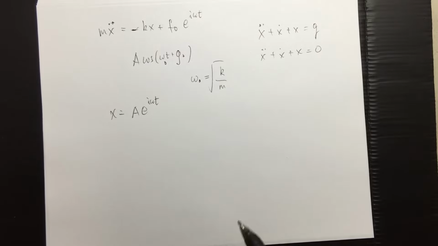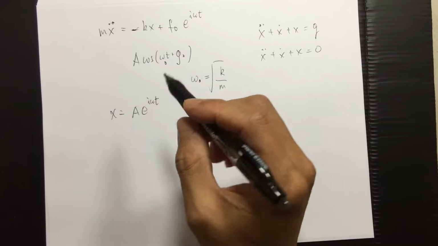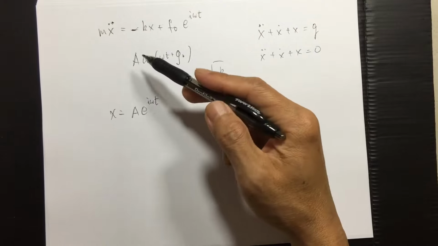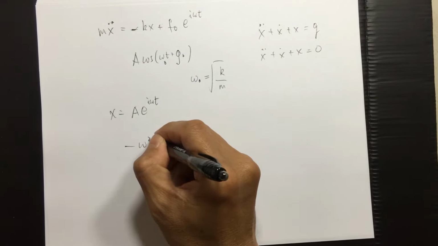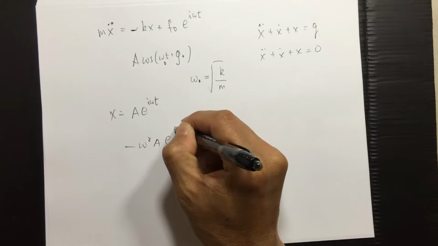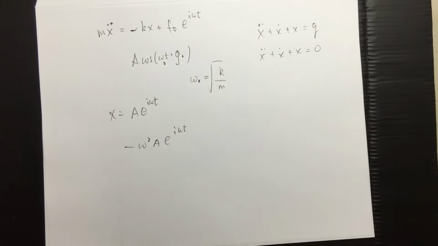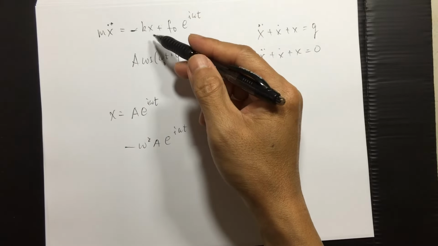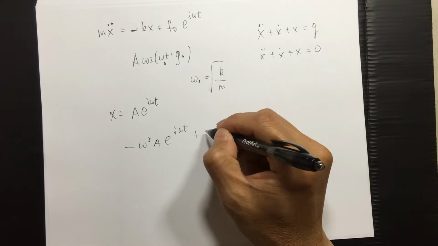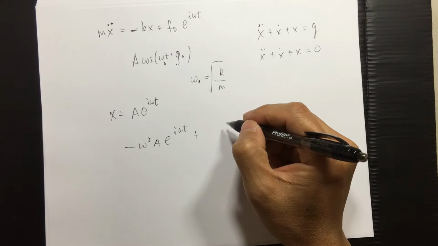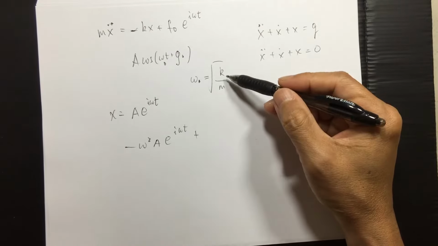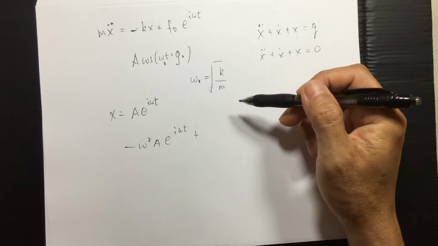So we put it into this. Omega comes out twice. This becomes minus omega squared A e^(i omega t), right? This moves over and becomes positive k.